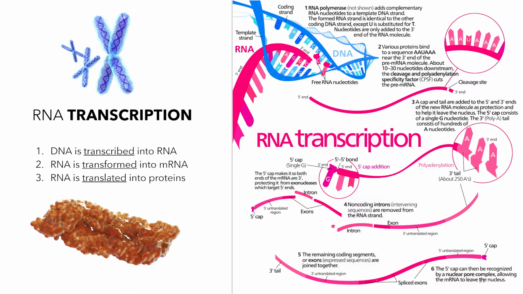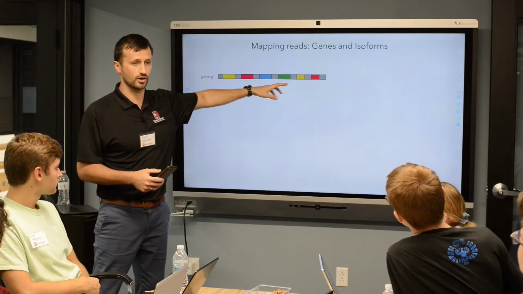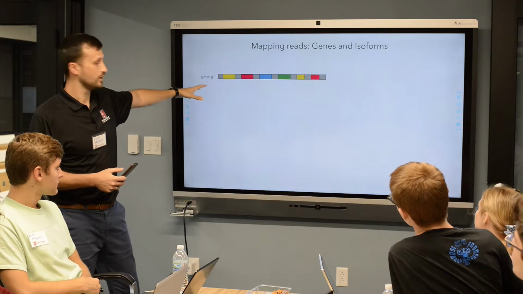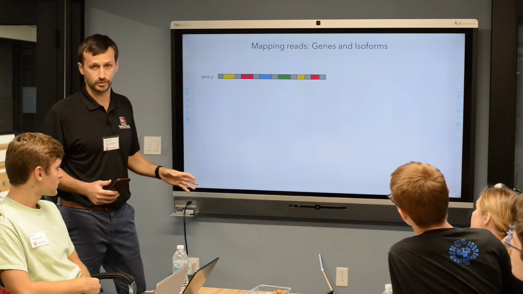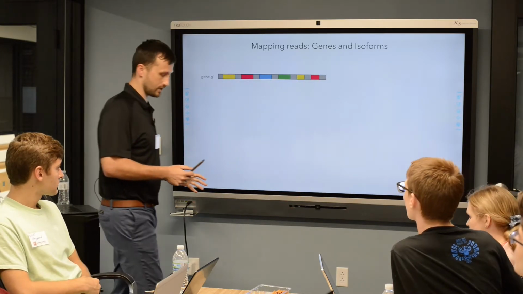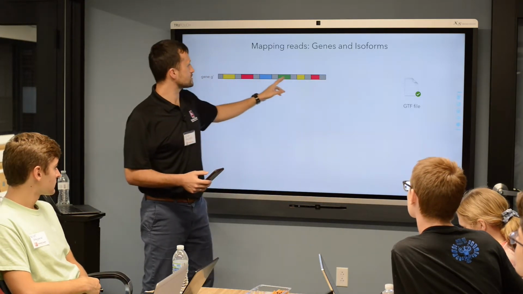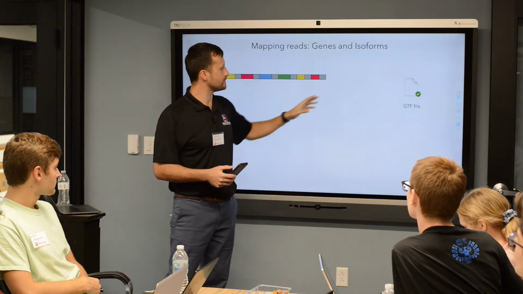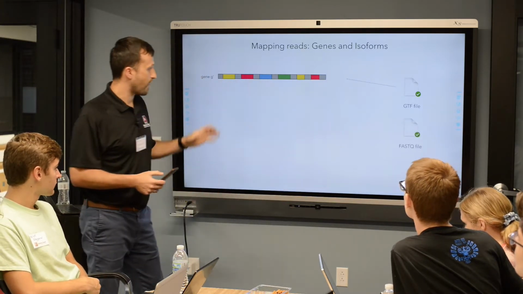So how exactly does this happen? So let's say we have a gene, and the different colors here are the different exons. In between those exons, we have all kinds of other information that's also sometimes useful, but not expressed. So it's not present in mRNA. So this information, where each one of these positions, beginning and end, is contained in the GTF file. Then we have the FASTQ file, right?